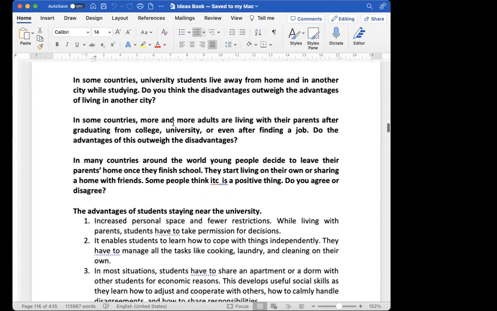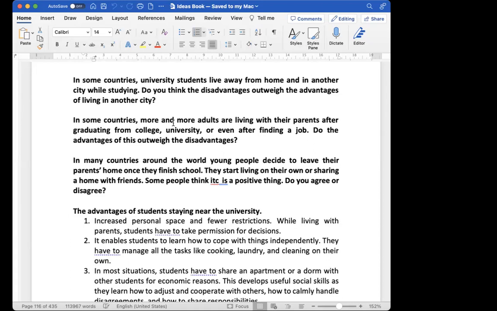In some countries, university students live away from home and in another city while studying. Do you think that disadvantages outweigh the advantages of living in another city? Now, if the university is in your hometown, only then you can stay at home. But in some countries, university students choose universities which are not in their hometown.